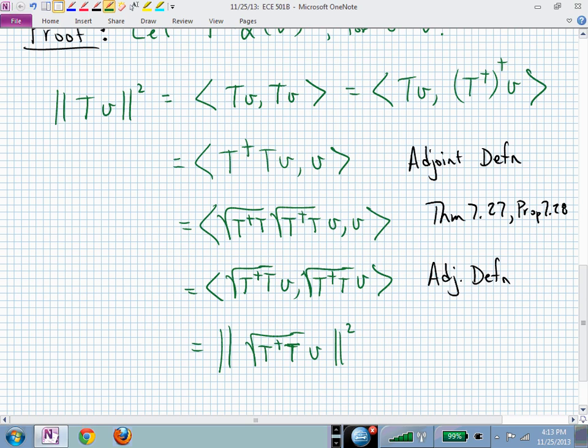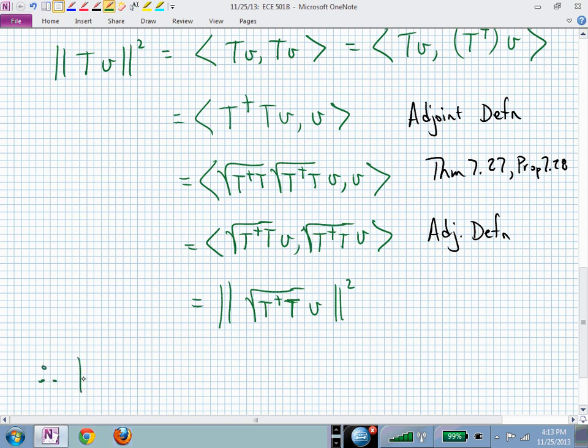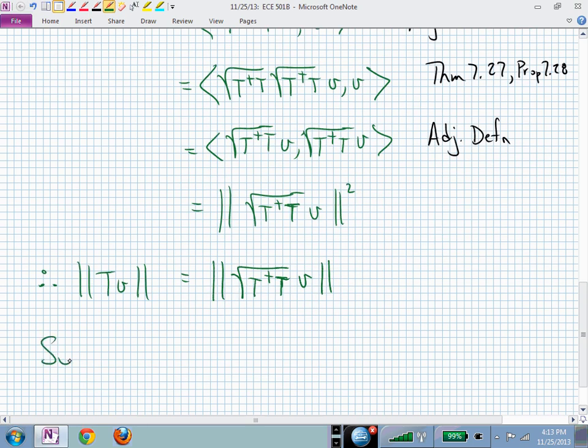Meaning, we've now shown that, and I can take the square root of both sides so I can remove that square, the norm of TV is equal to the norm of the positive square root of T adjoint T V for all V. Which really means that this positive square root of T adjoint T has the same effect in a norm sense or scaling sense as T does.